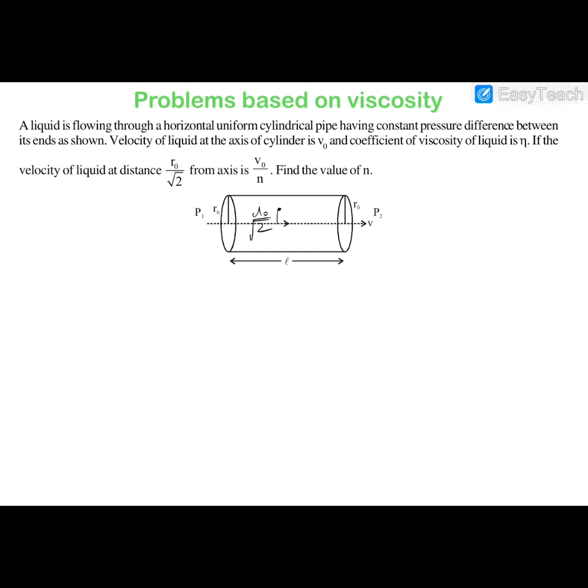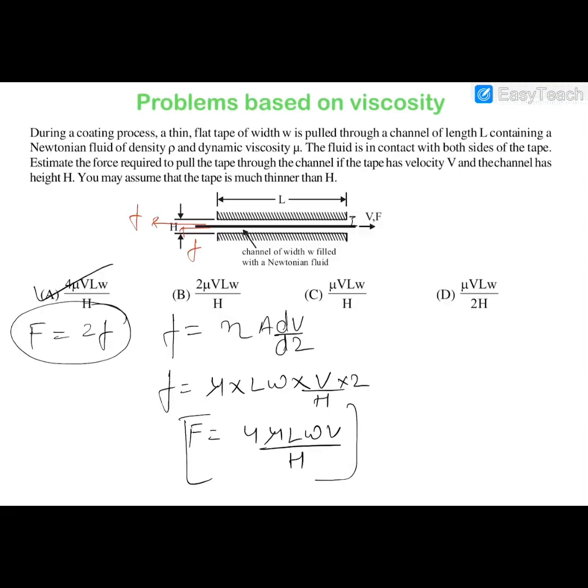We already know that in this type of laminar flow, the liquid layers are in the form of cylinders, coaxial cylinders, and they have different velocities at different distances from the central axis. And this formula of velocity we have already discussed in Poiseuille's equation.